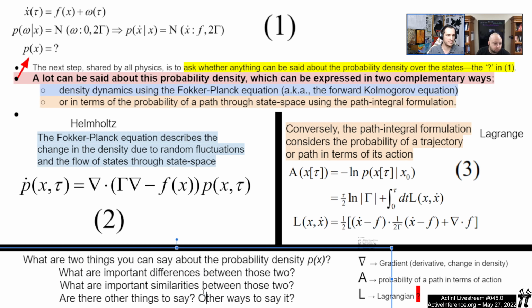Are there other complementary ways to say it, or other ways to say what is here? But this is just to introduce what's going to be very important and moved back and forth in the course of this paper: one representation that's more field-like, continuum-like, and then another representation that's more trajectory and path-based. What do you see in there?